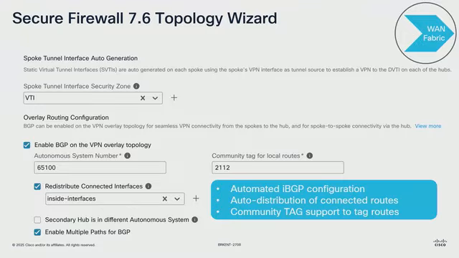Because remember, in firewall, all of our interfaces need to be in a zone to create rules. Do I want BGP on? Yes. What's the AS number? I can create a community tag. This is optional. If you're sharing the routes somewhere else, you want the tag on there so you can see where they're coming from. And we also support BGP multipath here with a tick box. And that's it. You hit go, and it deploys it, and you're routing traffic in 6 minutes or less. It's really, really easy.